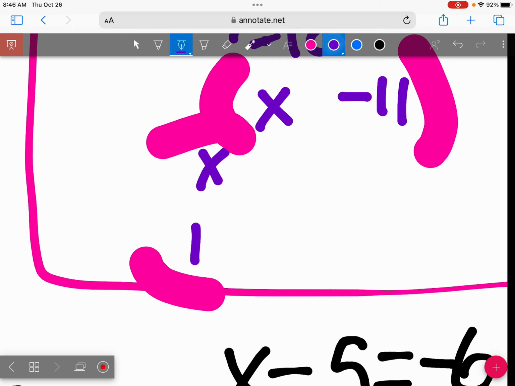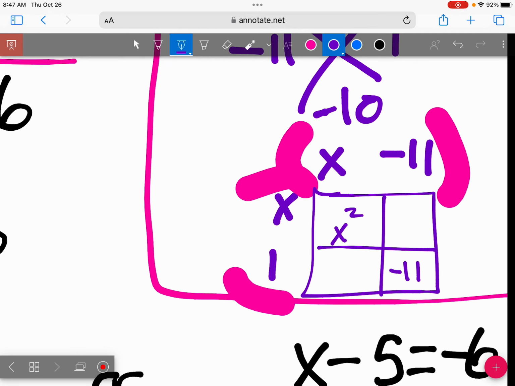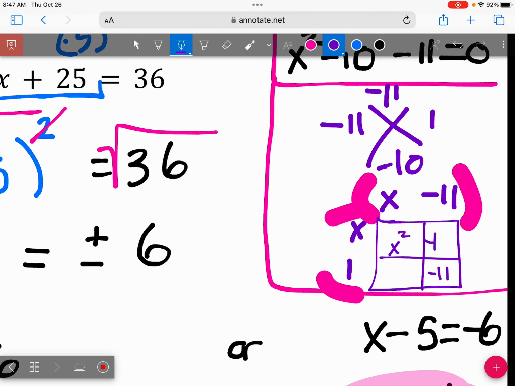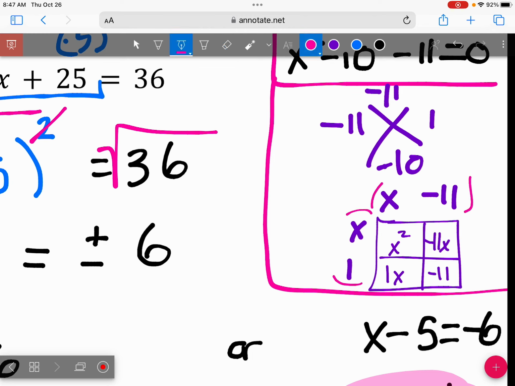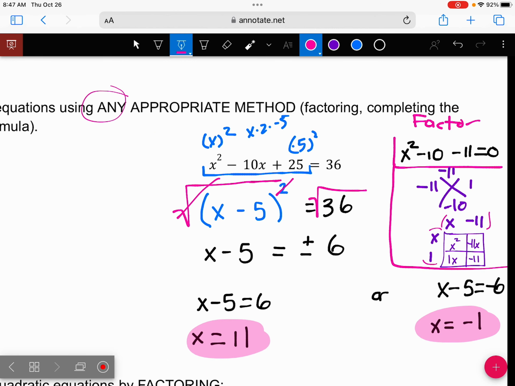So our box was our x squared, our negative 11x, a positive 1x. Like that. That's how the box was filled in. Just taking those chunky boys away. Those are our factors. Okay? So you can solve it however you want. If it's solved by any method, I mean any.